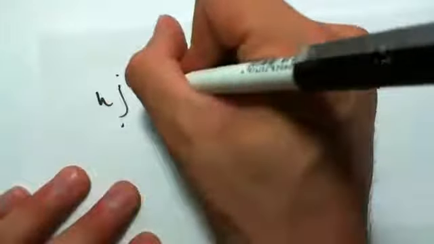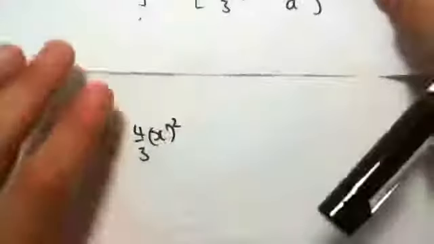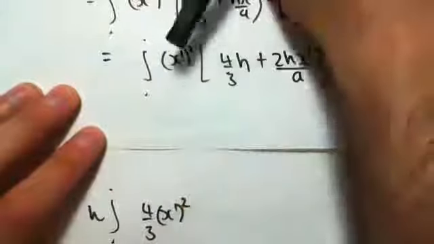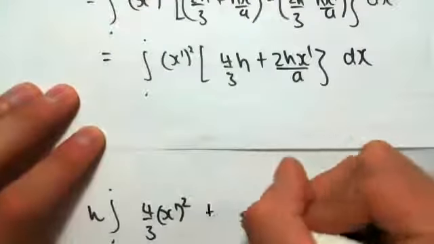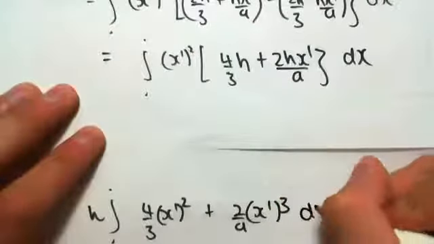So we're going to have the integral like this, h is coming out the front. We're going to have 4 on 3 x dash squared plus 2 on a x dash cubed dx. So that's what we're up to.